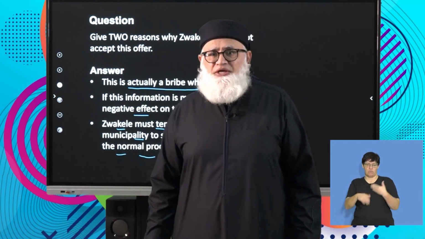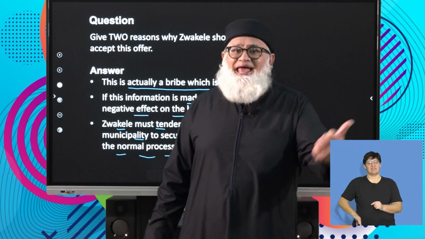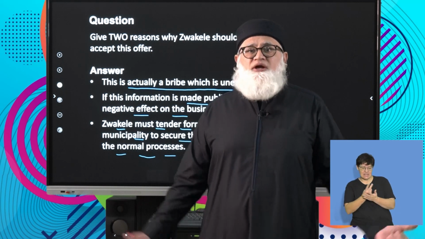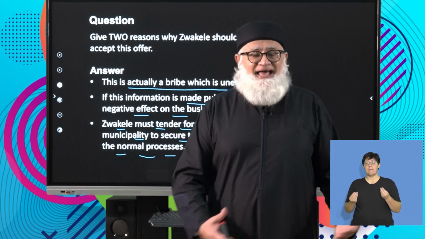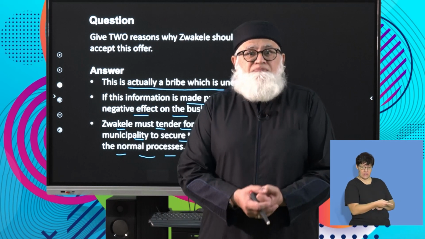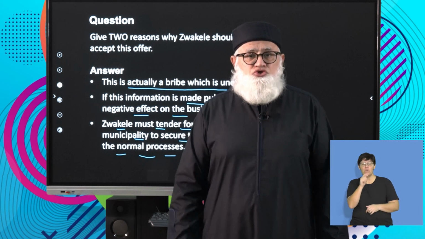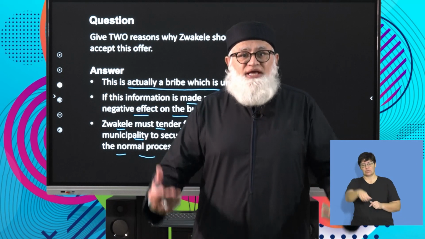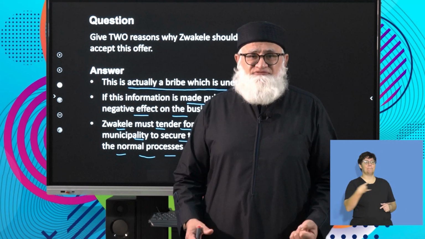And in this way, look at the benefit for both Zwakele and the municipality, because at the end of the day, if we were to go the other route, the unethical route, 10% of that money, which could have been used as a discount to somebody or an additional donation, is now being usurped by somebody for their personal benefit.